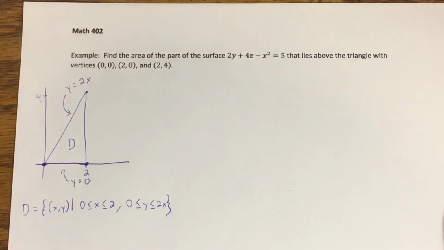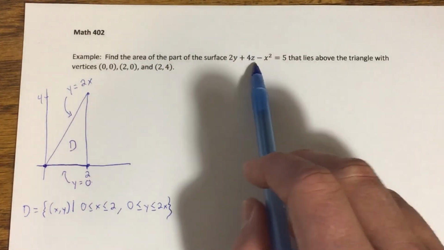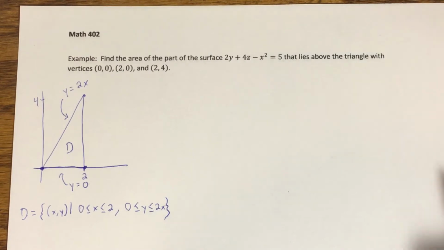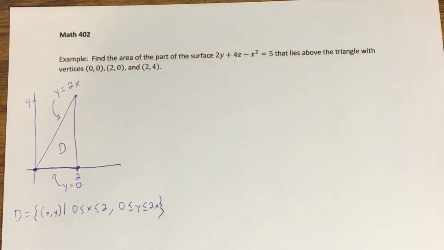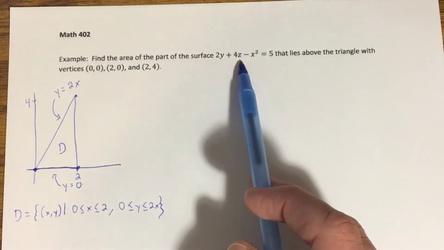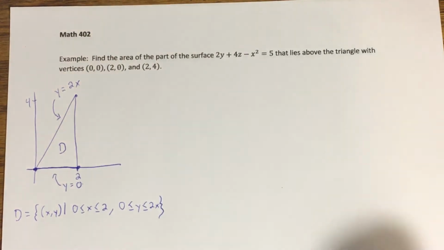Now I know that in order to use my surface area formula, I need my partial derivatives of z, of the function that gives me the surface I'm considering the surface area for, both with respect to x and with respect to y, and those show up in that formula. So in order to do that, I'm first going to need to isolate the z in this equation so that I can take partial derivatives.